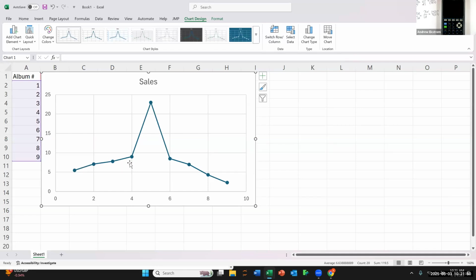Because these are album numbers, there really isn't any sales in between here, but we know that from this album to this album, the number of sales actually did go up. So having the line that looks like that actually is beneficial.